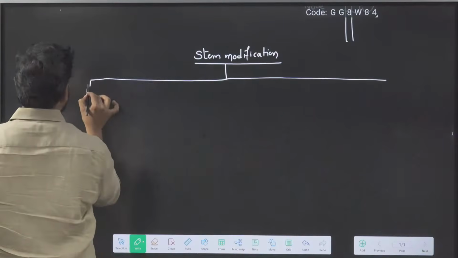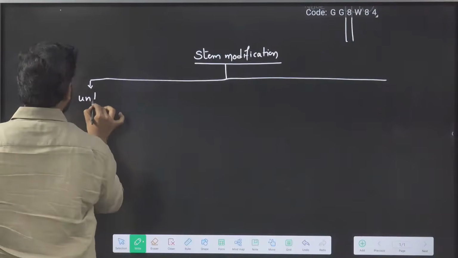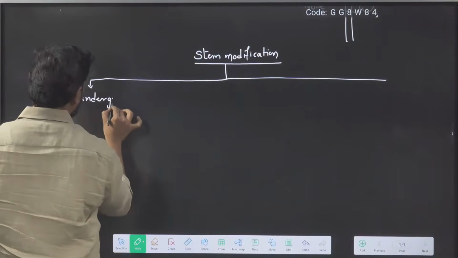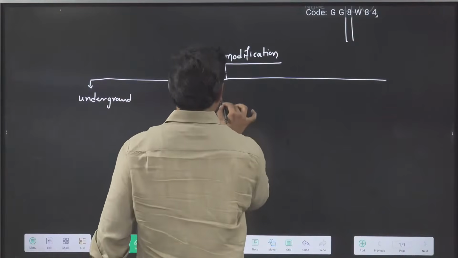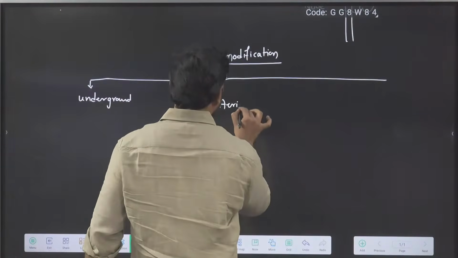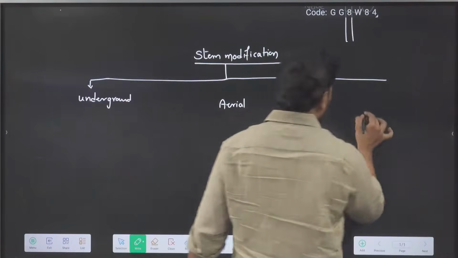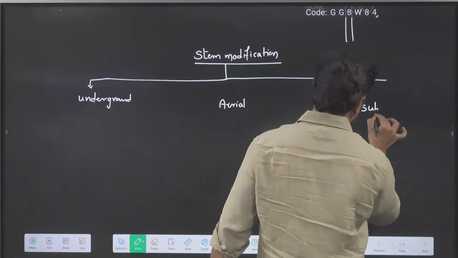One is underground stem modification, aerial stem modification and subaerial stem modification.